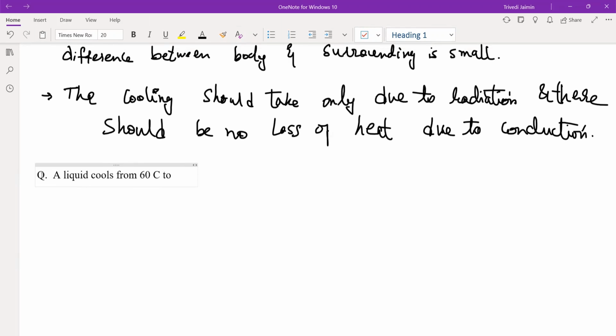A liquid cools from 60 degrees Celsius to 50 degrees Celsius in 5 minutes. The temperature of the surrounding is 30 degrees Celsius.